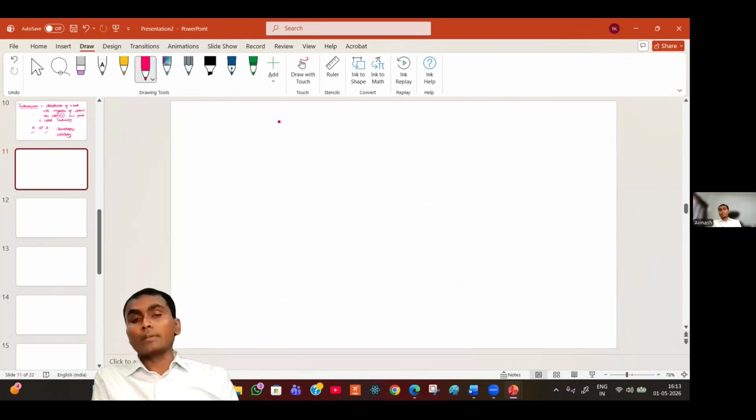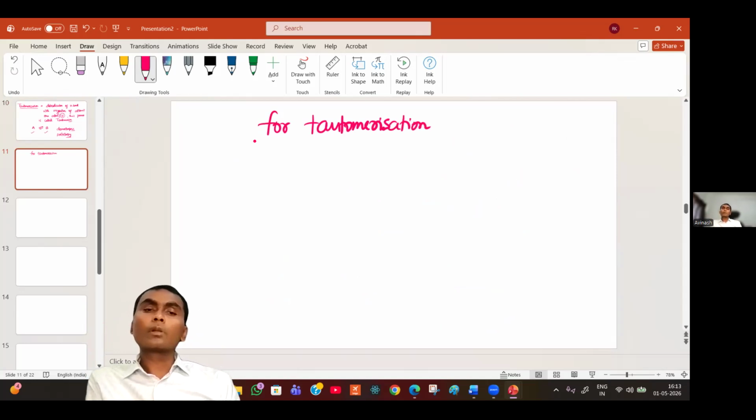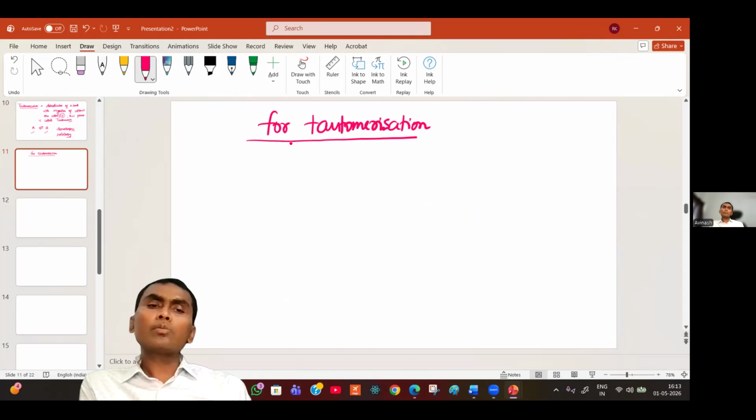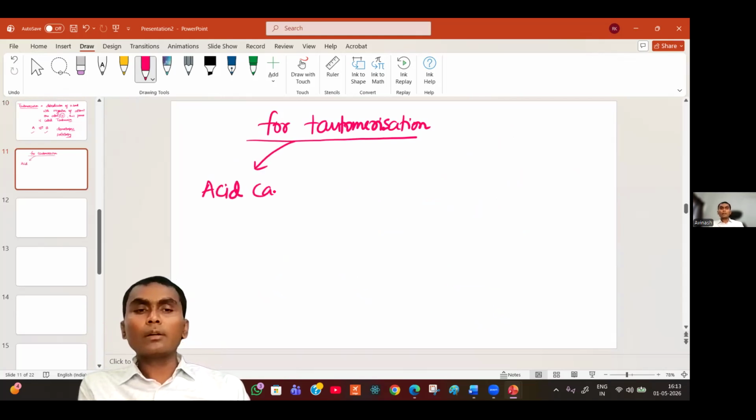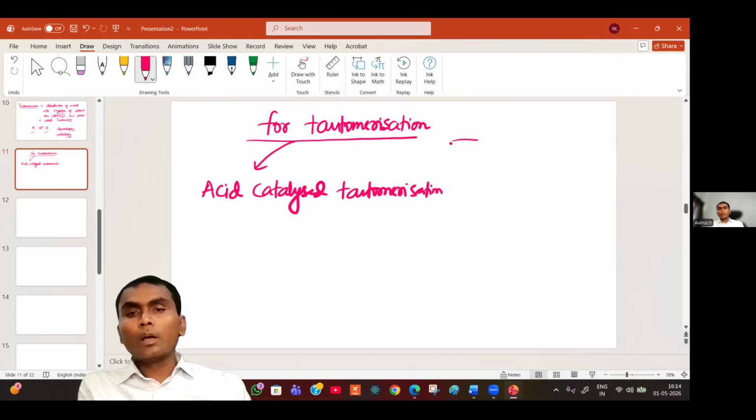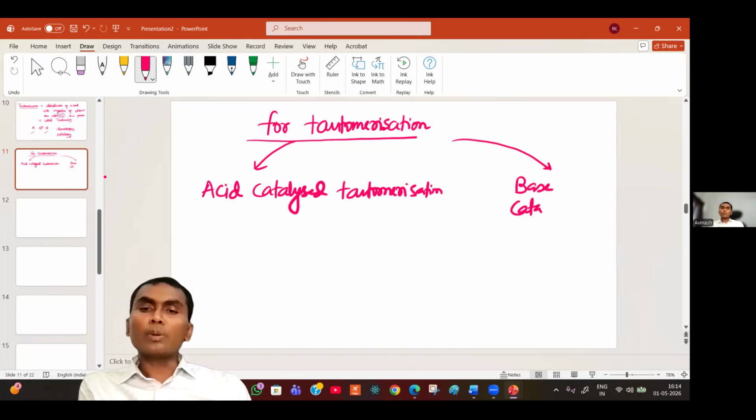Then we see how tautomerization occurs. It is of two types. One is acid catalyzed tautomerization, another is base catalyzed tautomerization.